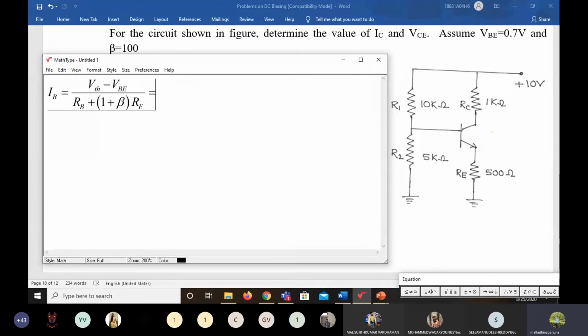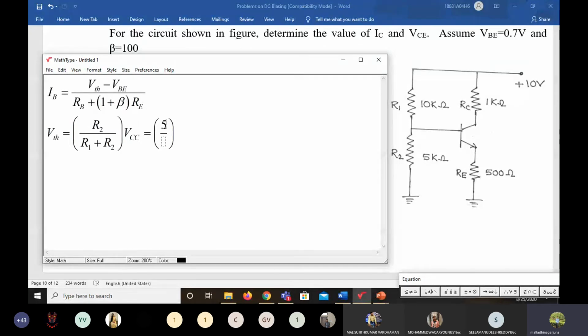So first we have to calculate V Thevenin. V Thevenin equal to R2 divided by R1 plus R2 times VCC.